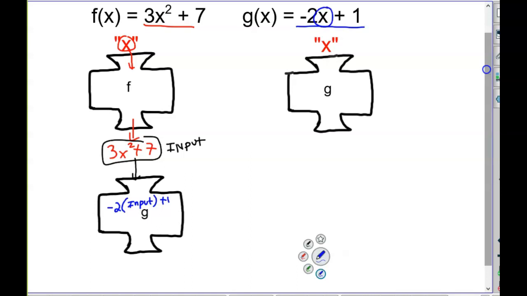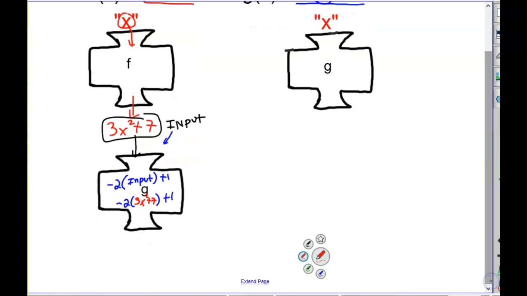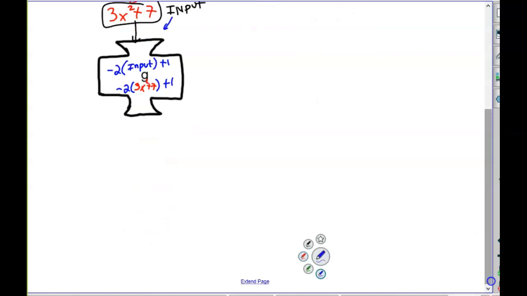So this is the new input going into that function. And watch what happens. I do negative 2 times whatever the x is. So that whole equation is now my x. And now we have to simplify, which I don't love how small that's written, so this is really the work that we're doing.